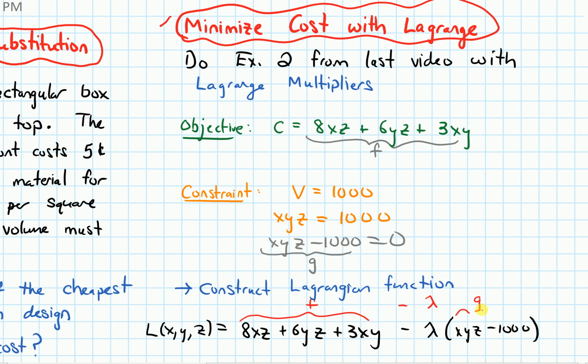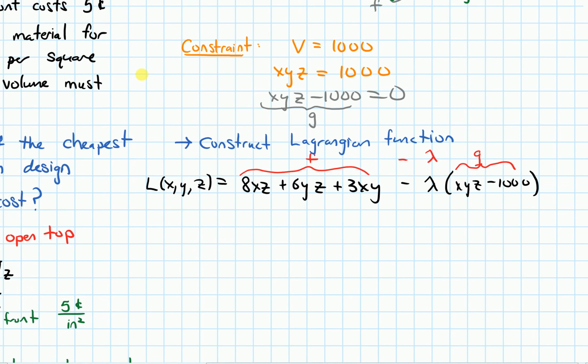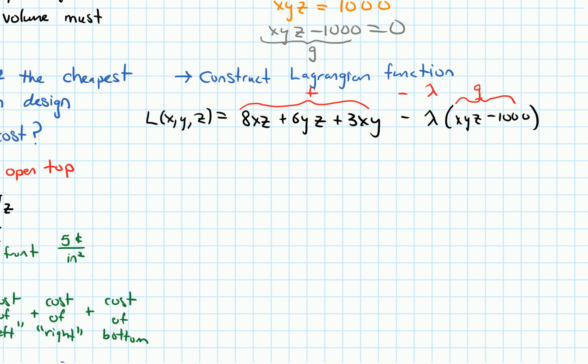So g is this portion right here. All right, so now if I simplify and distribute the lambda, this is going to give me minus lambda xyz plus 1,000 lambda. Okay, so we constructed our Lagrangian function.